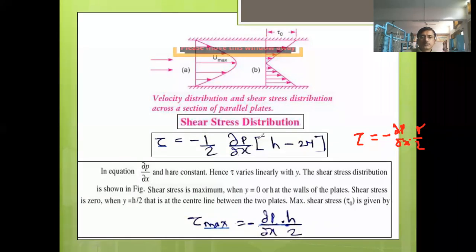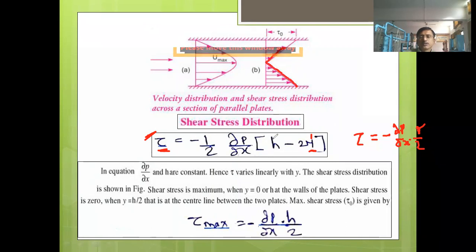So here note down this equation for shear stress distribution. It depends upon y, and the power of y is 1, so it is a linear relation, and that's why the curve we get is a straight line like this.